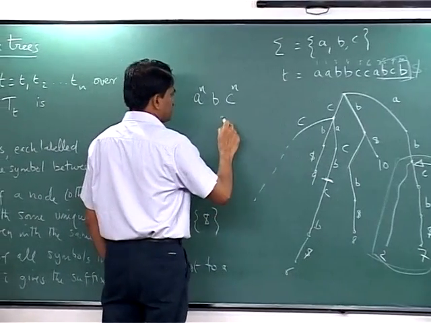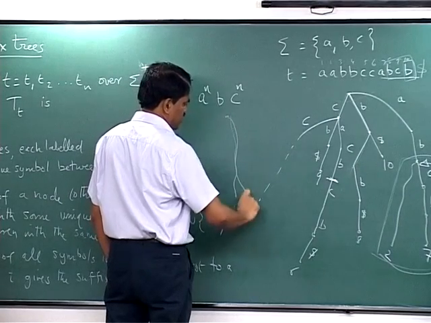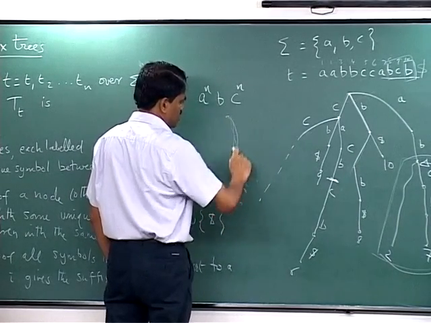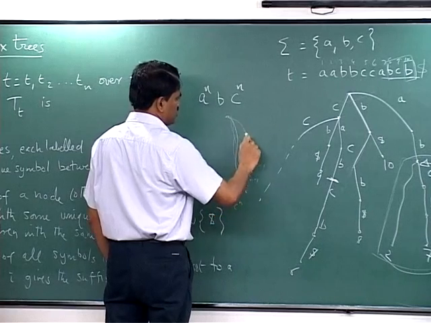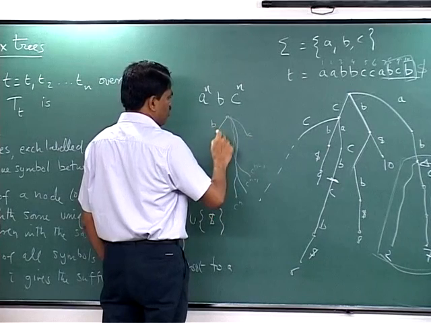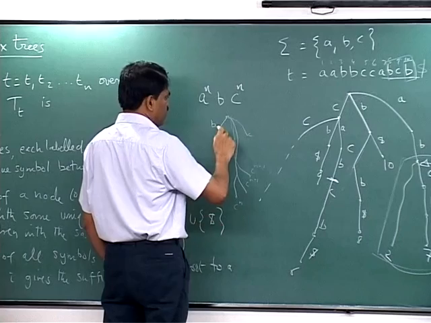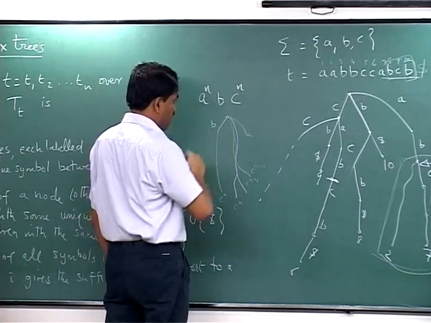Then my suffix tree will have c power n minus 1, c power n minus 2, and so on, c. Then it will start b followed by c power n, right, b followed by, yeah, okay.